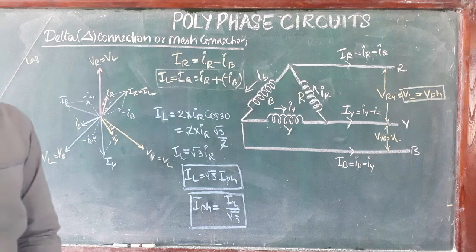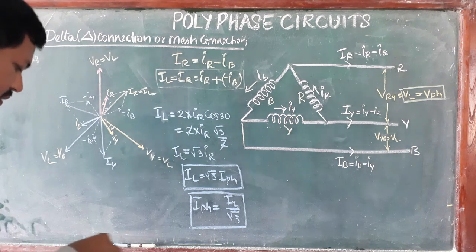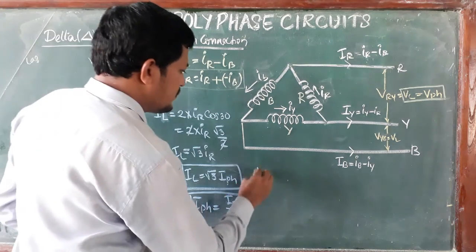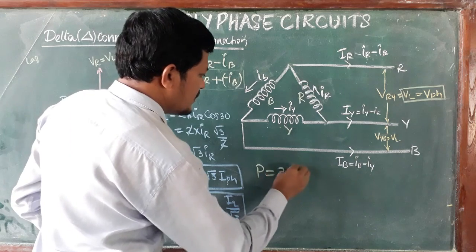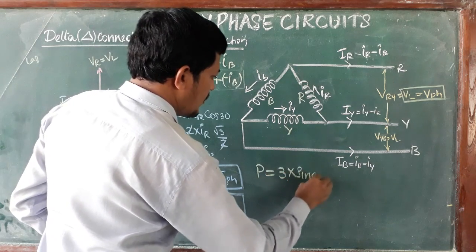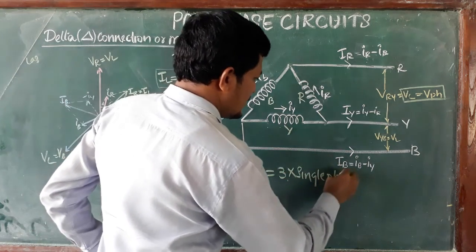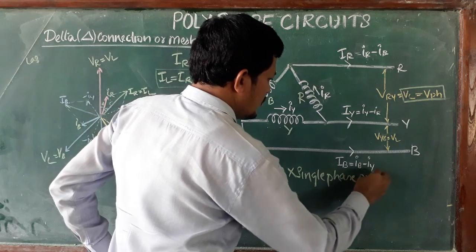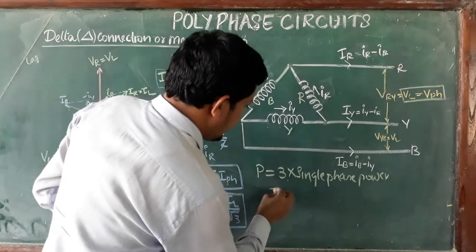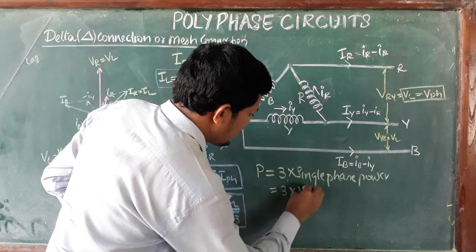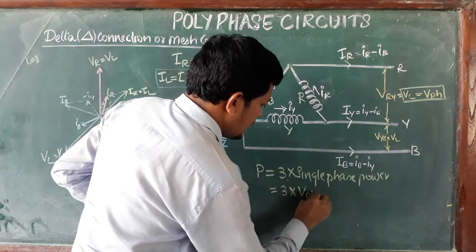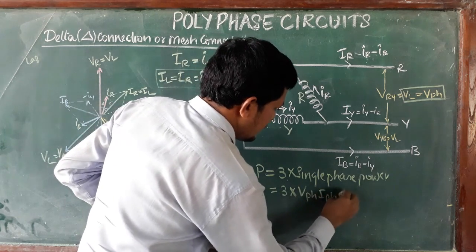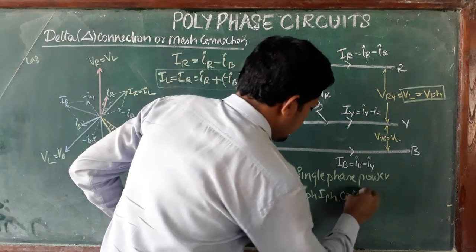Now we can find the power also. So the power equation: we know that power equals 3 times the single phase power. So writing 3 into single phase power, which is V phase I phase into cos phi.